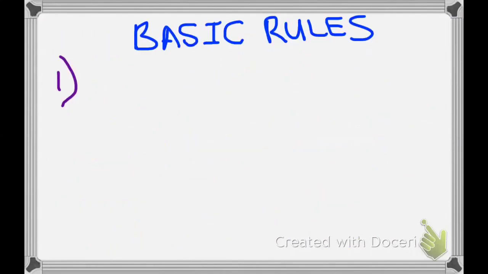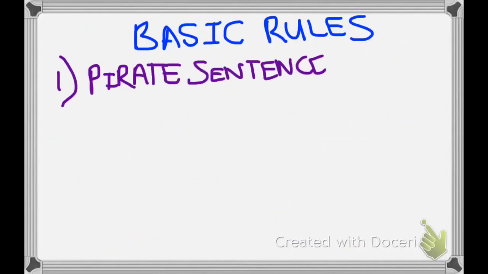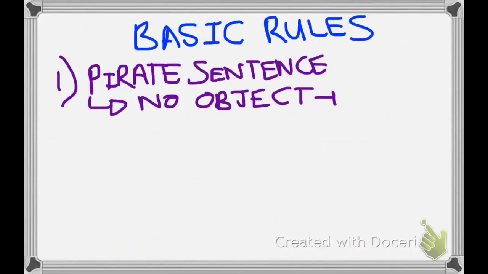Alright, so what are the basic rules that we've just gone over? Well, the first one is, if it's a pirate sentence, so it has no object, then it only gets one knee. Like a pirate, it has a peg leg and it only has one knee.